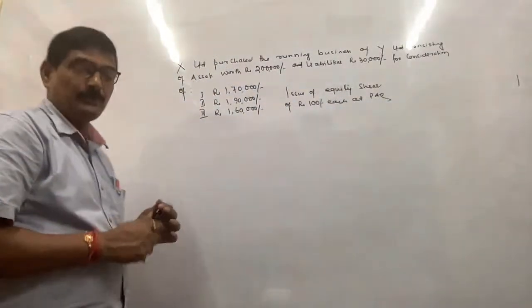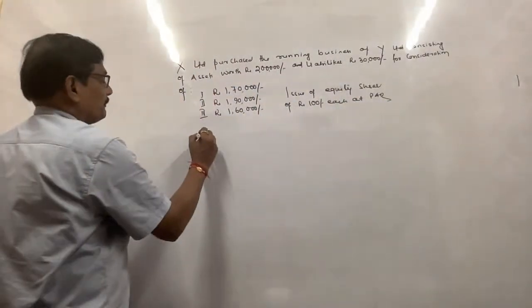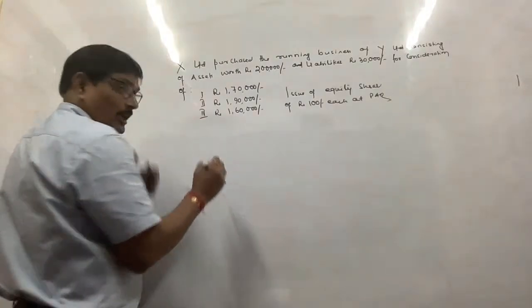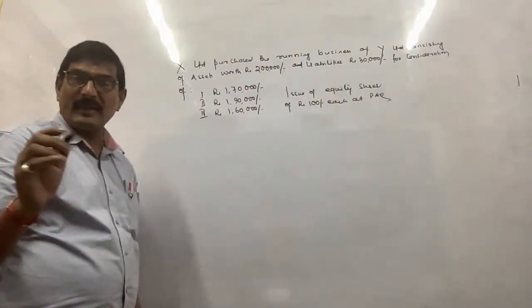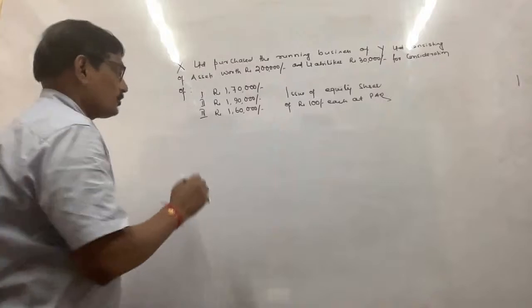So let us purchase it first. First entry. If the names of the assets are categorically given, it is alright.